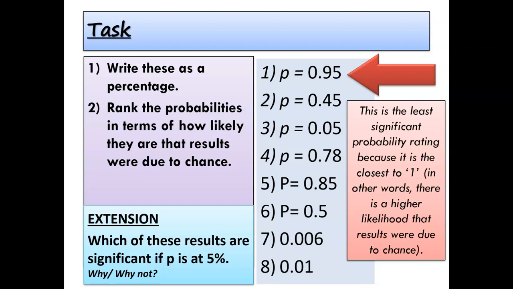Because again, we're 99% sure, or 98, 97, 96, 95, whichever probability scale you're using. The further away it is from 1, the greater we are sure that it is not down to chance, because that gap for chance is so small that it makes our data incredibly significant.